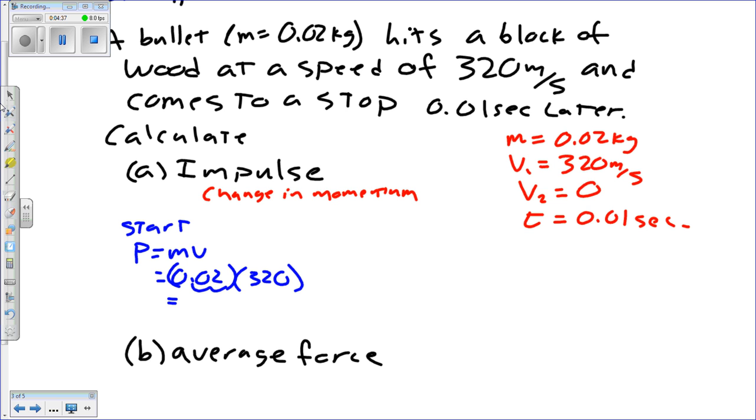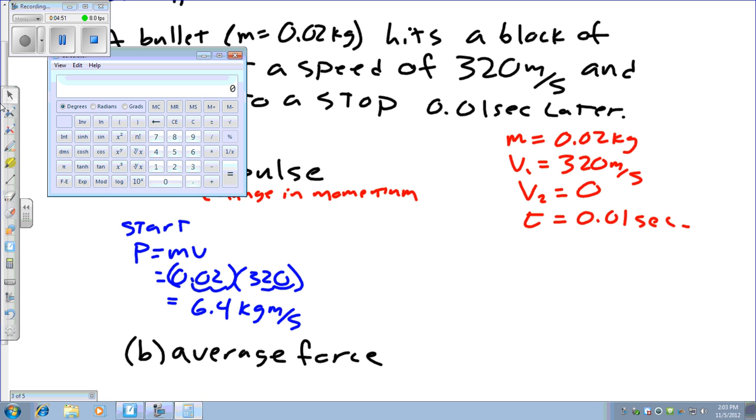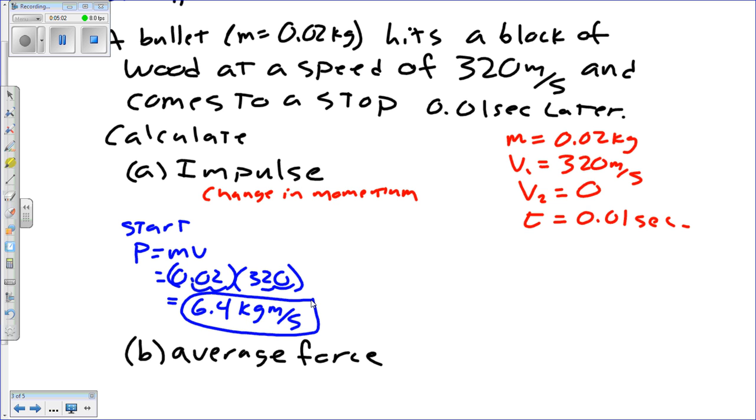Move the decimal over 2, move the decimal over 2. 3.2 times 2 is 6.4. So 6.4 kilogram meters per second. Let's just verify the math here. 0.02 times 320 is 6.4, as expected. This is how much momentum we had at the beginning. At the end, 0, and we know that because it's not moving anymore. So this is how much momentum was lost, otherwise known as impulse.